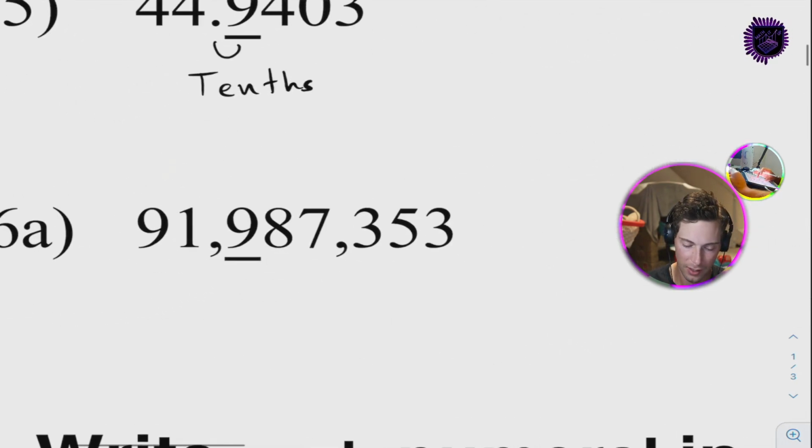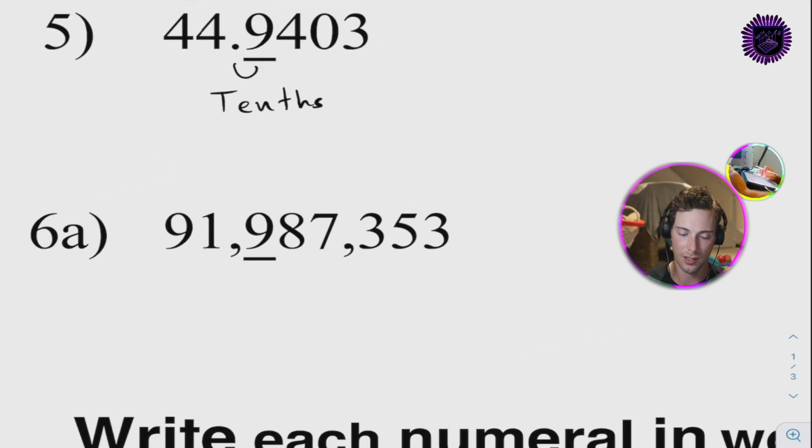All right, question number 6 here. Cruising along. Oh, this one does not have a decimal place, but it does have commas. Don't get confused. The decimal place is right here. You could write zeros to make it look better, maybe, but there's no need.